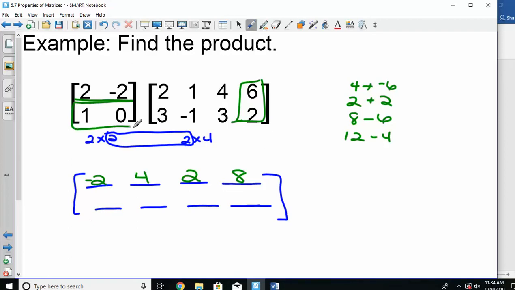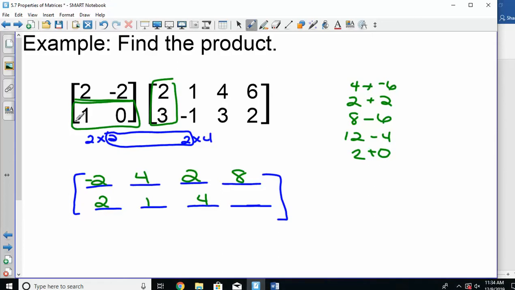Moving on to row 2. Row 2, column 1, 1 times 2 is 2, 0 times 3 is 0, so we get a 2. Row 2, column 2, so 1 times 1 is 1, plus 0 is 1. Row 2, column 3, 1 times 4 is 4, plus 0 is 4.